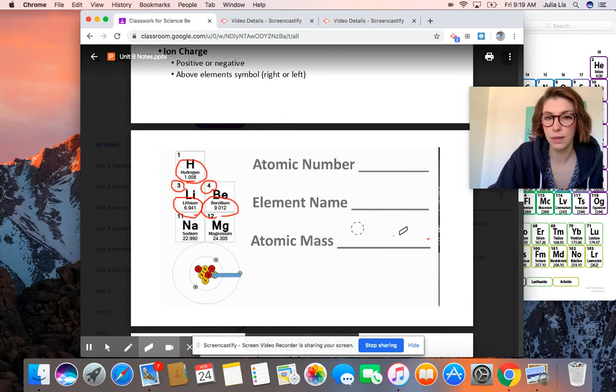And we will look at sodium. So sodium's atomic number there is 11. So it has 11 protons in the nucleus. Its name is sodium. Let me try and write this. So, whoa, it's not cooperating with me anymore.